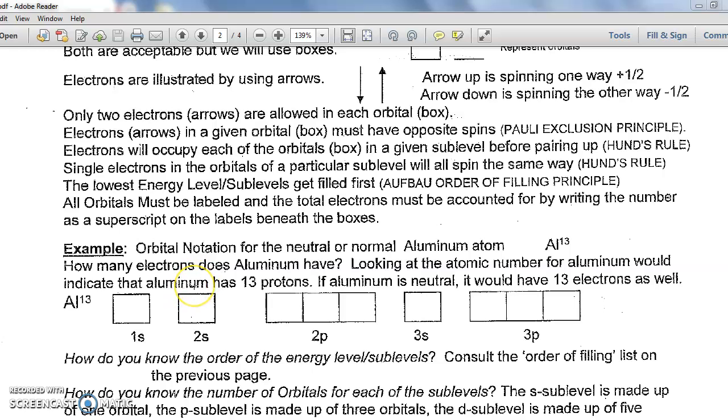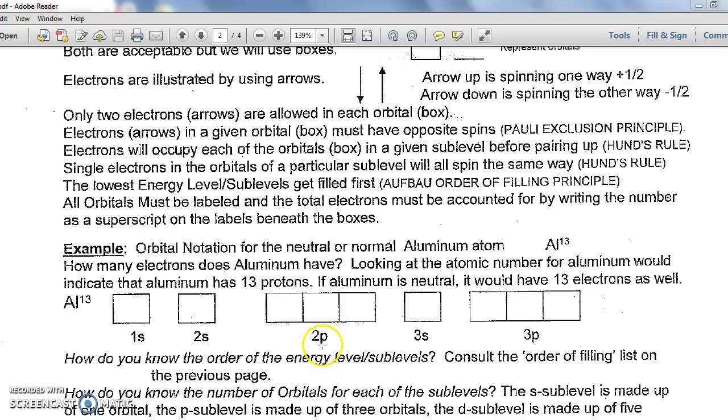We would put a 0 above this box. Now, when we have 3 boxes, the middle box is always a 0. The middle orbital is always a 0. The first one, and then you just number like a number line. This is a 0. Then we put a -1 above this box and a 1 above this box. Where do I get the -1, 0, 1? That's the third number. The third number depends on the second number.